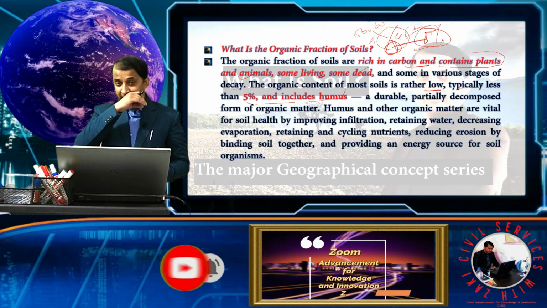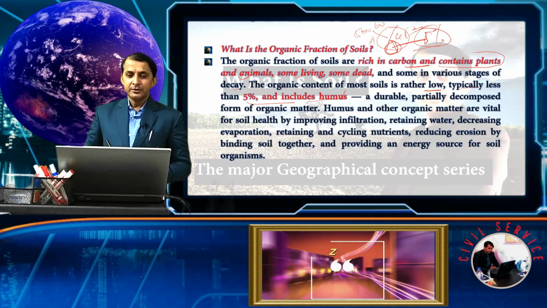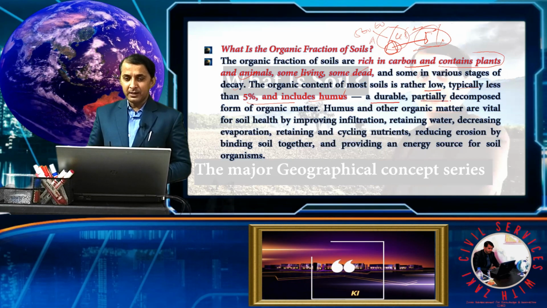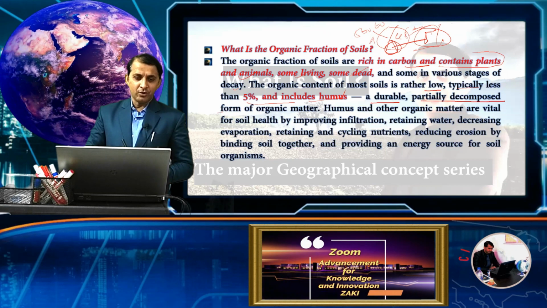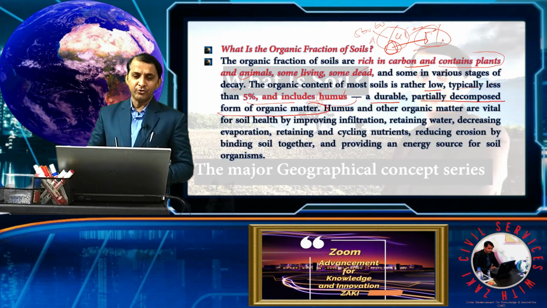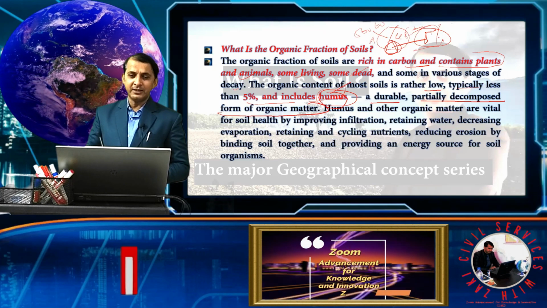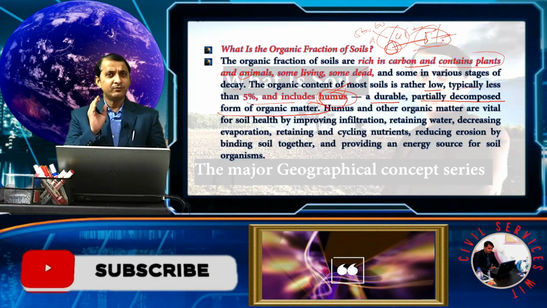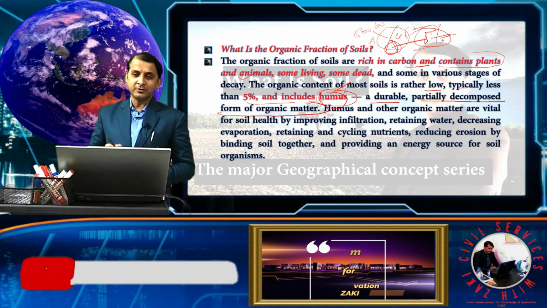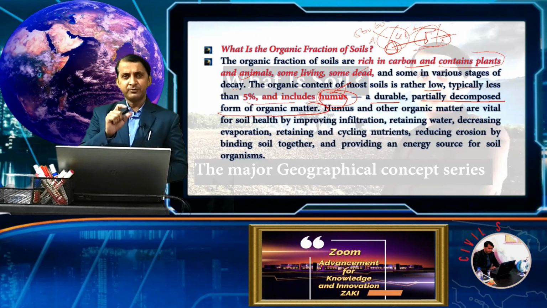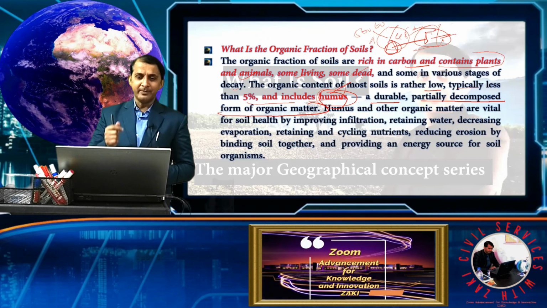So a durable, partially undecomposed form of organic matter is called humus. Humus in this 5% is very significant because it contains approximately 50% of the organic material.